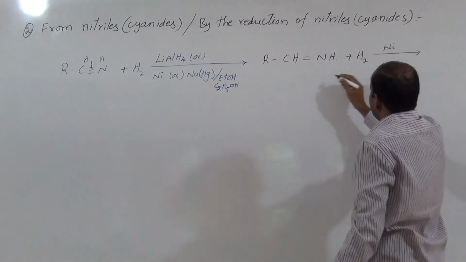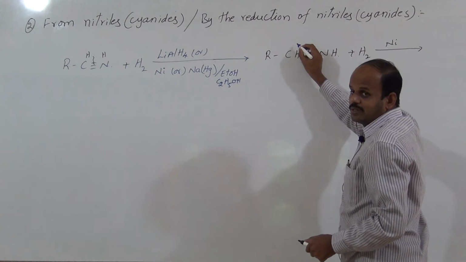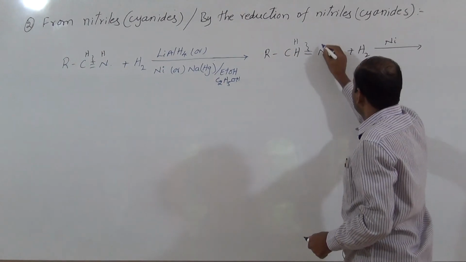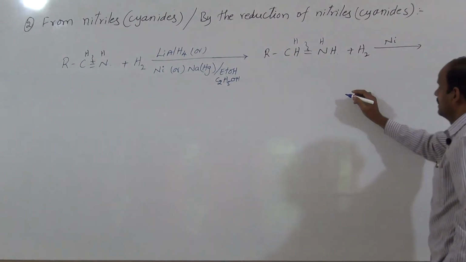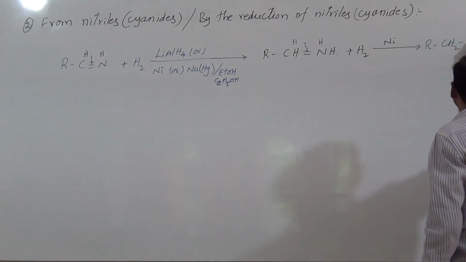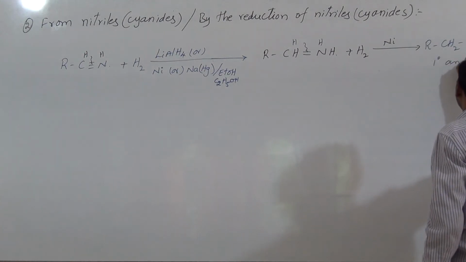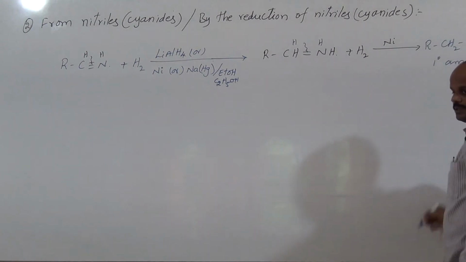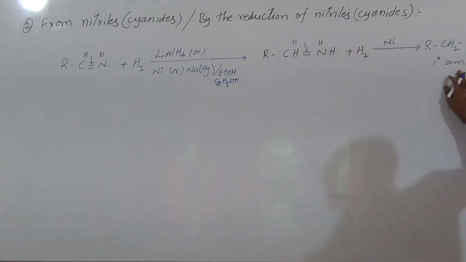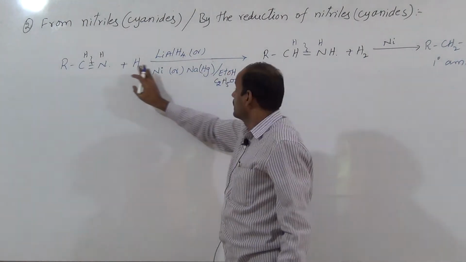Then again one more bond will break down, and one hydrogen is added to this side, another hydrogen to that side. Thus we get RCH2NH2. So this is the primary amine.